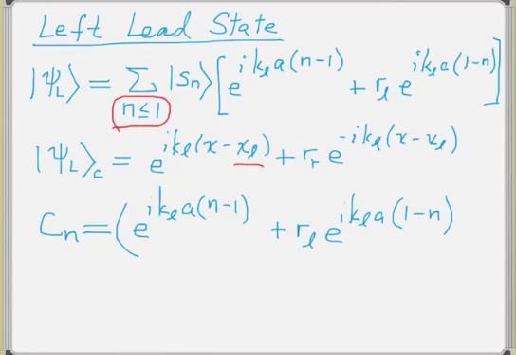Okay, so using this known form for Cn for our left lead, just putting in values for n, C0 is equal to e to the minus i KLa plus R sub L e to the i KLa.